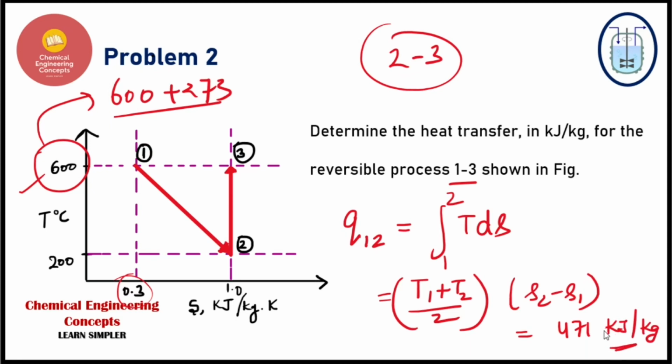So this is the heat transfer for the reversible process 1 to 3, where 2 3 is not contributing and only 1 to 2 heat transfer is contributing.